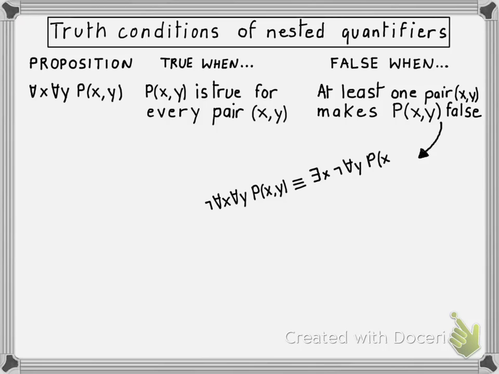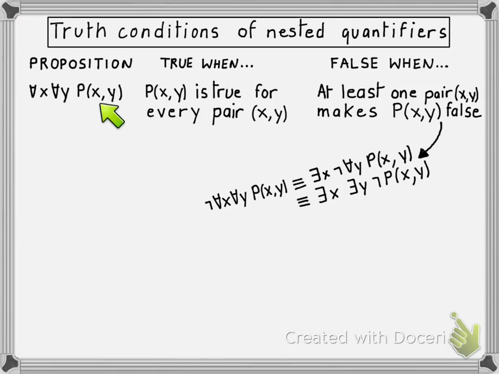So first we move the negation across the first universal quantifier to obtain this proposition, and then we keep moving the negation forward and across the second quantifier to get this proposition, which is logically equivalent to the negation of this one.